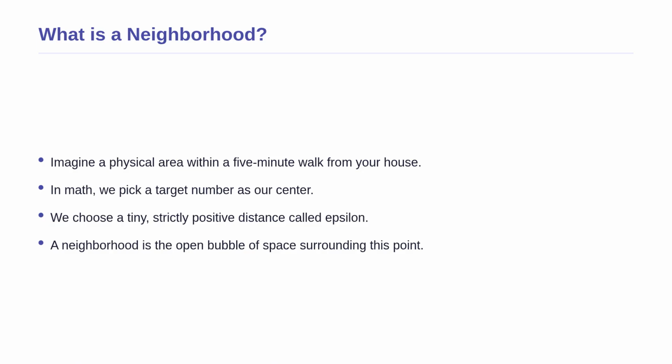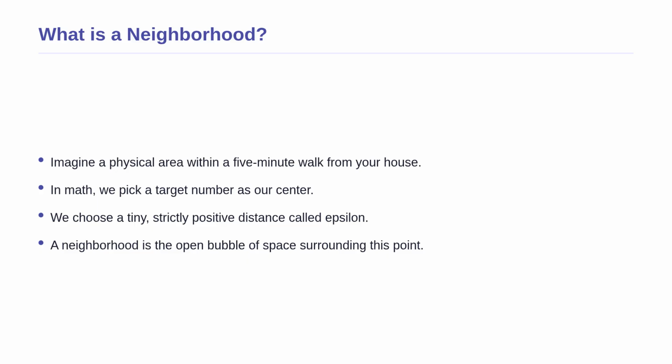Let us start with a simple idea. Imagine you are standing exactly at your front door and you want to know who lives within a 5-minute walk in any direction. This physical area around your house is your neighborhood. In mathematics, we do the exact same thing with numbers on a number line. Instead of a house, we pick a specific target number to act as our center.